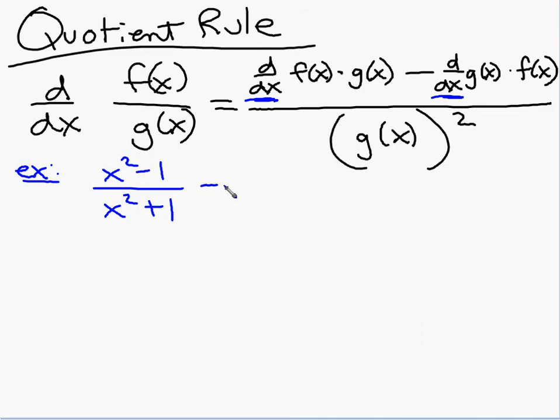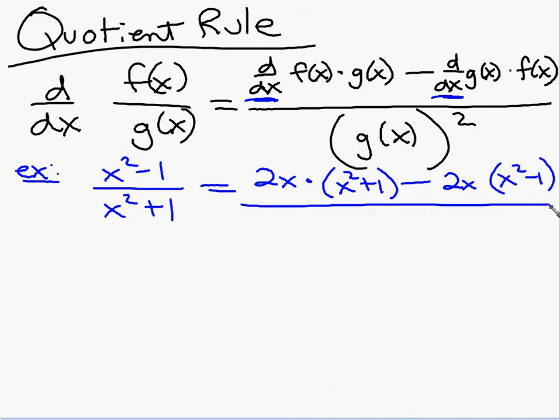Well, using this rule that I just wrote down, I would do the derivative of the top, which is 2x, times the bottom the way it is, x squared plus 1, minus the derivative of the bottom, which also happens to be 2x, times the top the way it is, x squared minus 1, all over the bottom function squared the way it is. And no, that's not x to the fourth plus 1. You have to do FOIL, or do the square of a binomial shortcut.